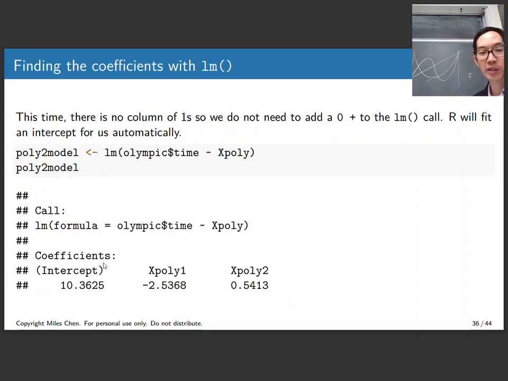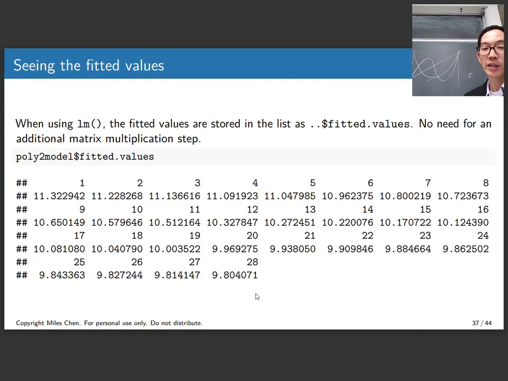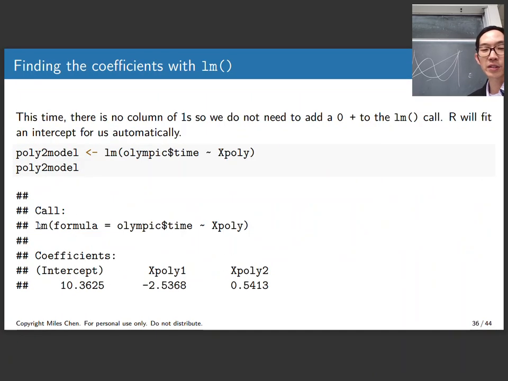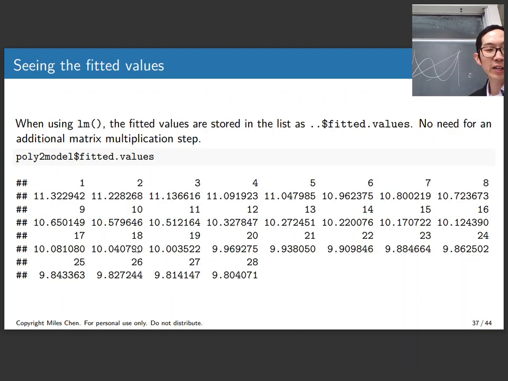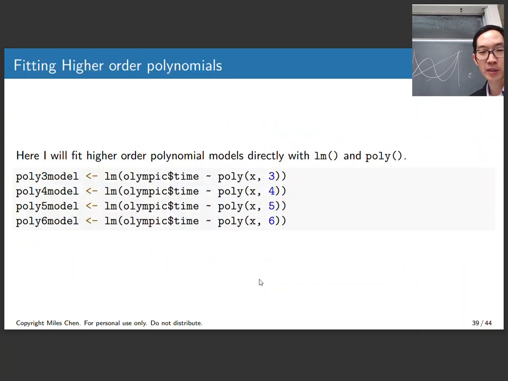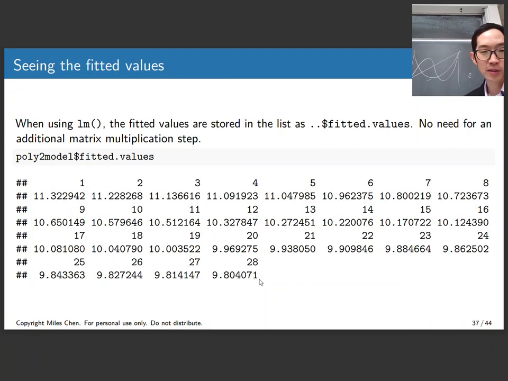You can create a fit there, and you get the intercept, the first order and the second order polynomial coefficients. And once you have a linear model, you can get your fitted values, get all of these terms, and plot them. Anyway, you would get this quadratic fit.